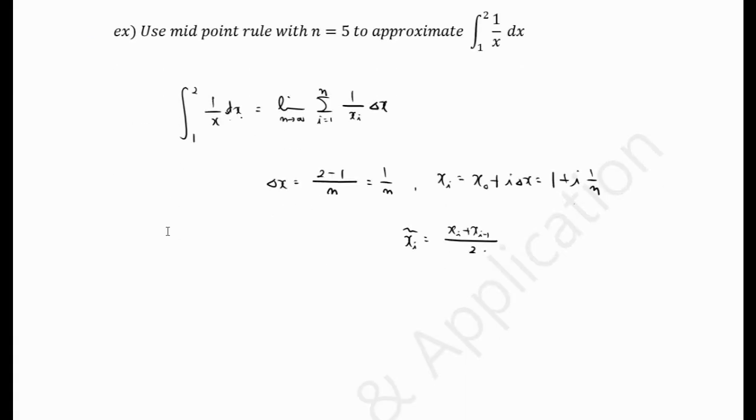So x0 is 1. x1 is 1 plus 1 over 5, which is 6 over 5. x2 is 1 plus 2 over 5, which is 7 over 5. x3 is 1 plus 3 over 5, which is 8 over 5. x4 is 1 plus 4 over 5, which is 9 over 5. x5 is 1 plus 1, equal 2.